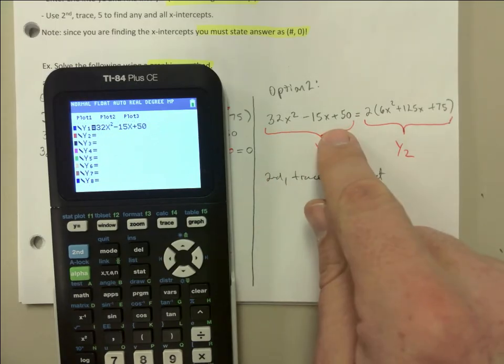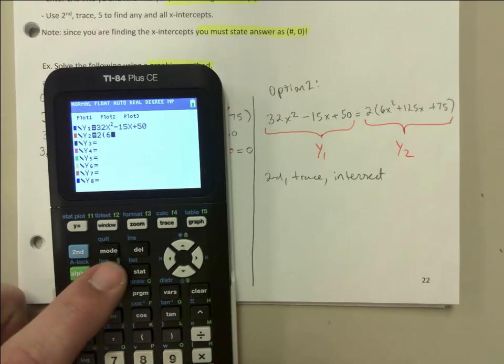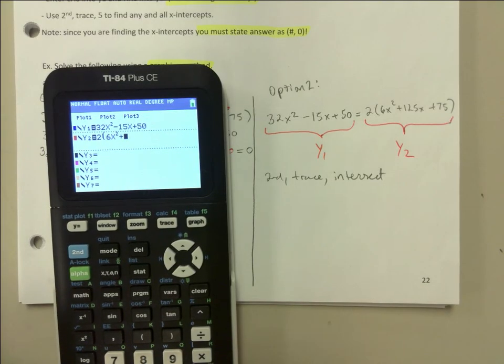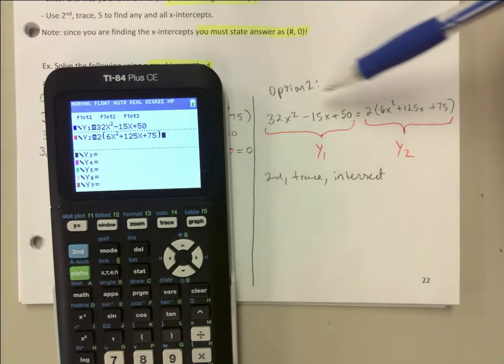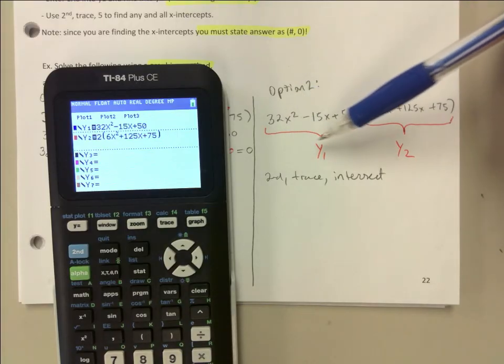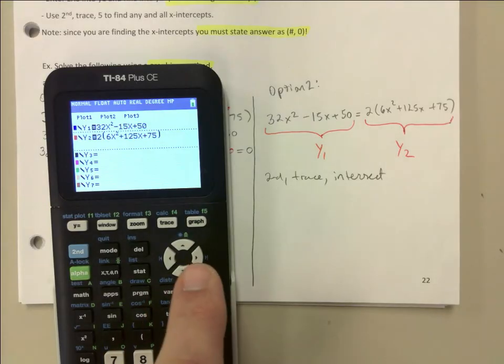That's the first one. Second one, 2 bracket 6x squared plus 125x plus 75. And that's a graph. By the way, this is a parabola, correct? This is a quadratic on the left-hand side, and the right-hand side is also a quadratic. So you're graphing 2 parabolas, okay? That's a graph.